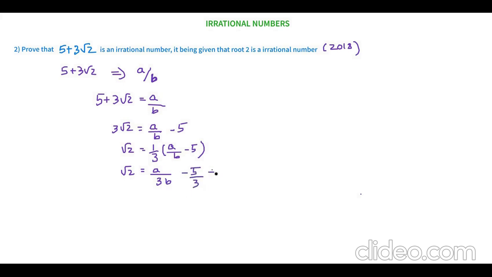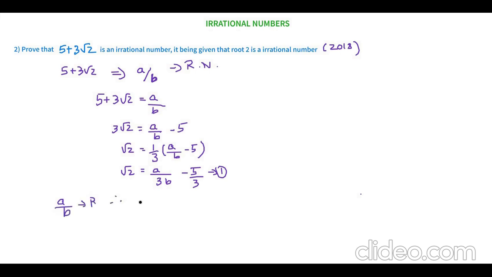Let's keep this as equation 1. So we have got the expression for root 2. We know that a by b is a rational number.